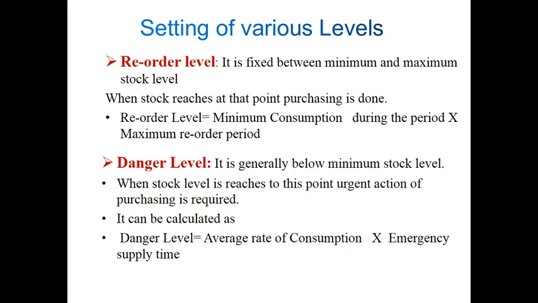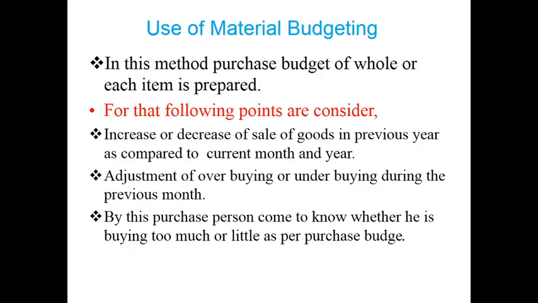So by setting these various levels like minimum stock level, maximum stock level, reorder level, danger level, we can control the inventories present in our store. Again we see the next method of inventory control, that means use of material budgeting.